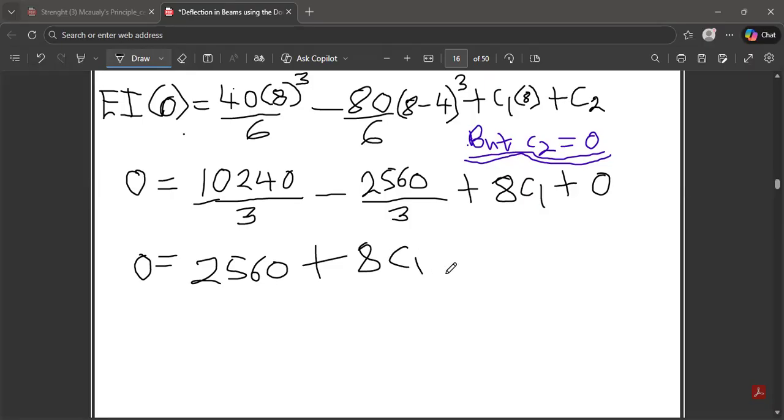But take note that this value is going to be negative, because you have to move it to the other side. If you move it to the other side, I'm now going to get minus 2560 is equal to 8C1.